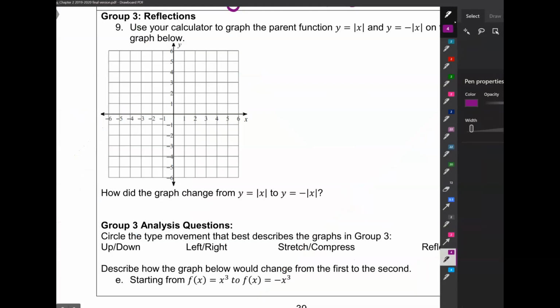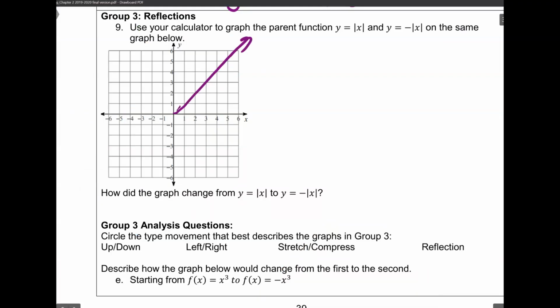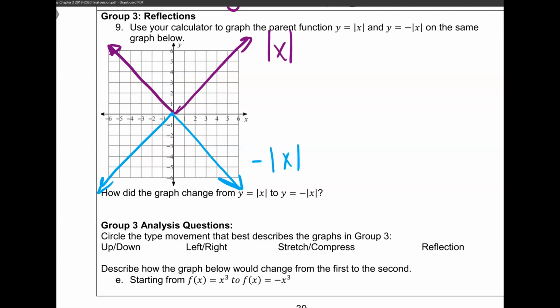So this first one, it's just the absolute value of x. The one I'm going to draw in blue is the reflection of it. Notice I'm flipped across the x-axis. It's reflected across. It's mirrored across. So how did it change?